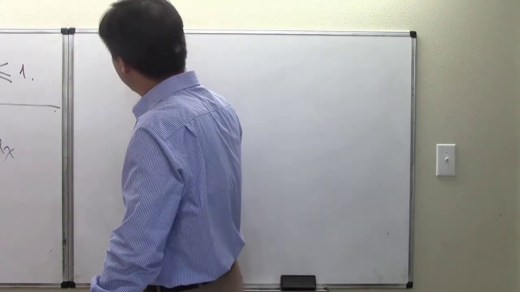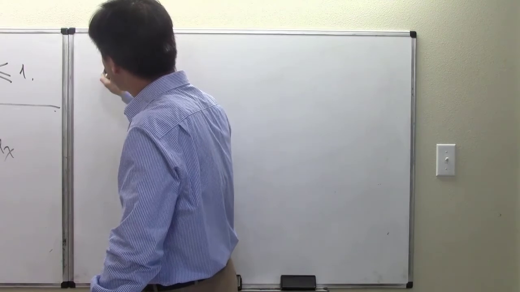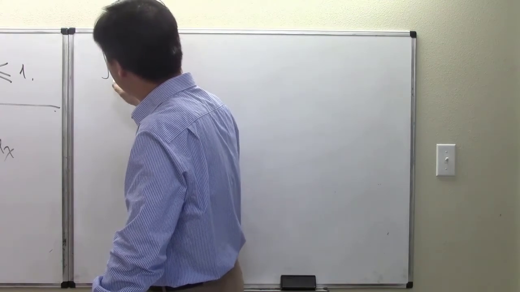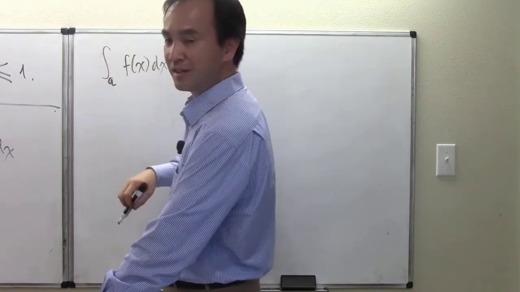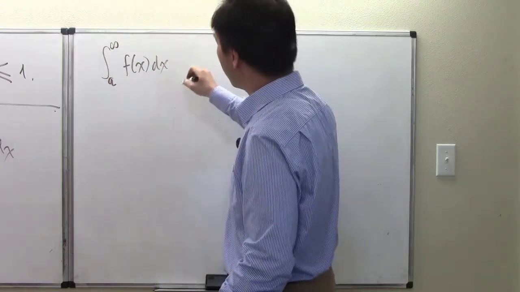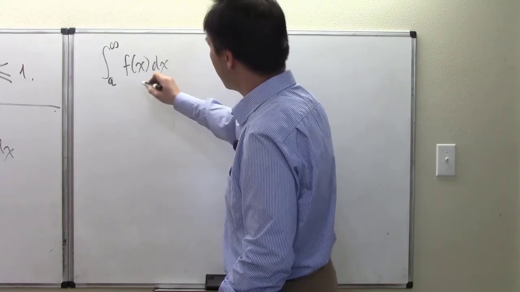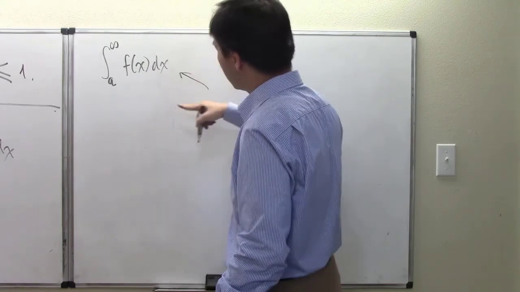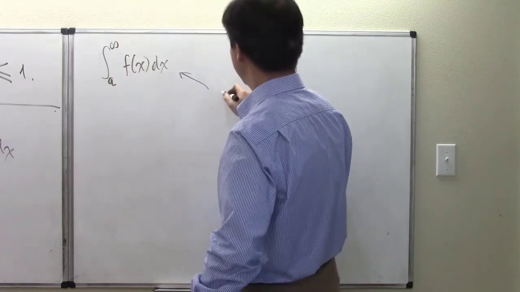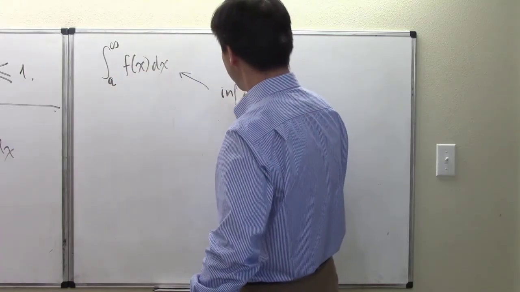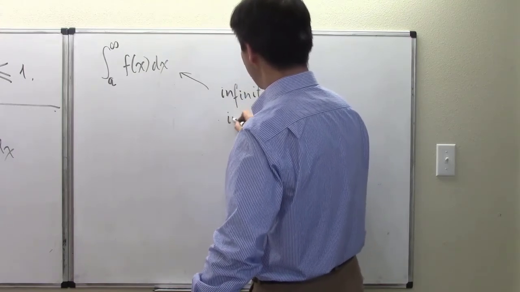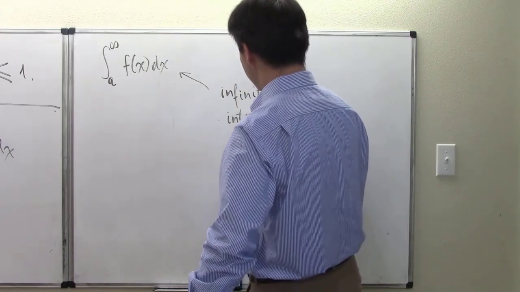The first form I introduced was an integral on a function where we are accumulating from a finite value to infinity. What I see here is that the interval we're integrating over is an infinite interval.